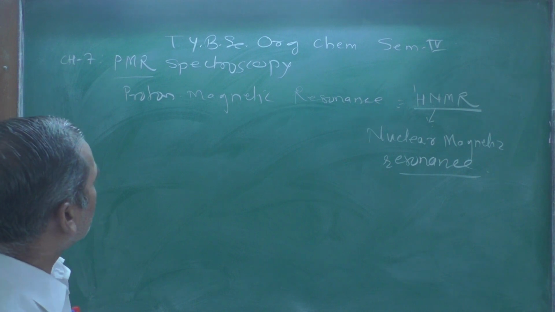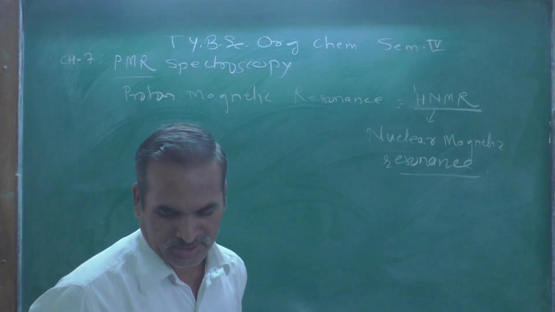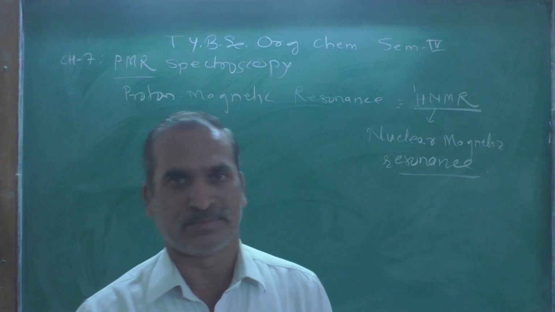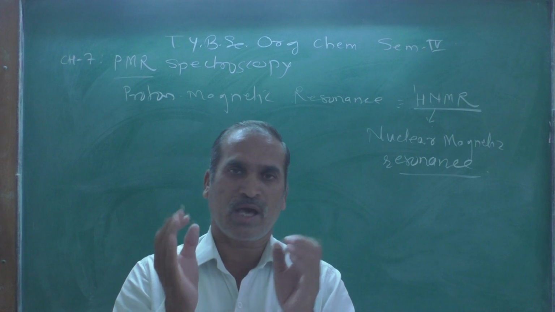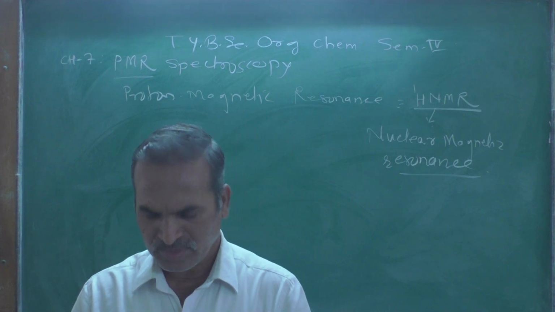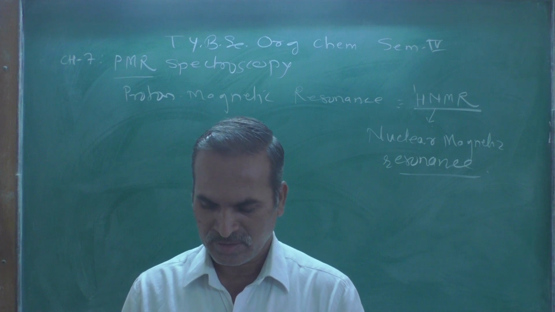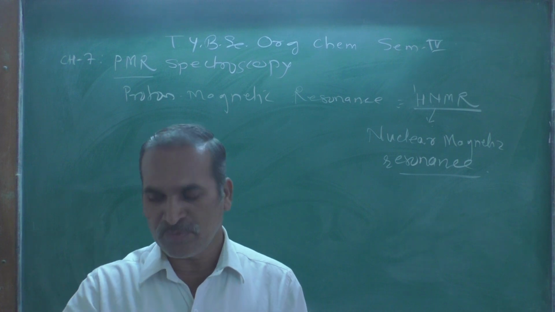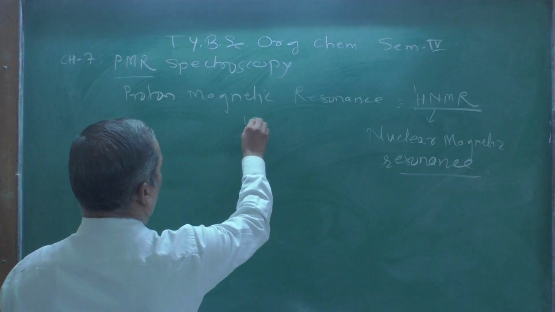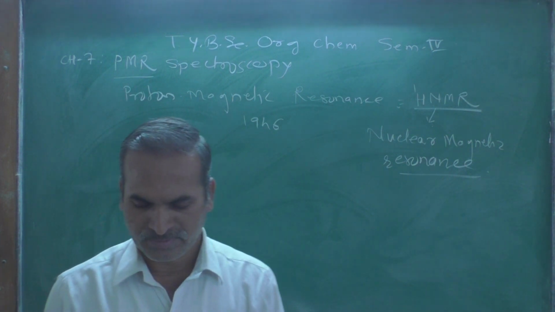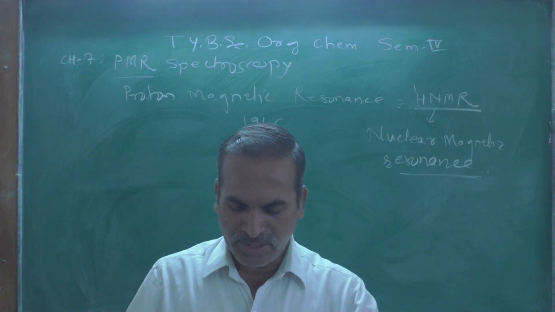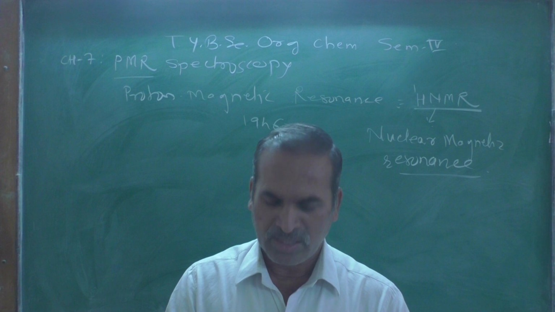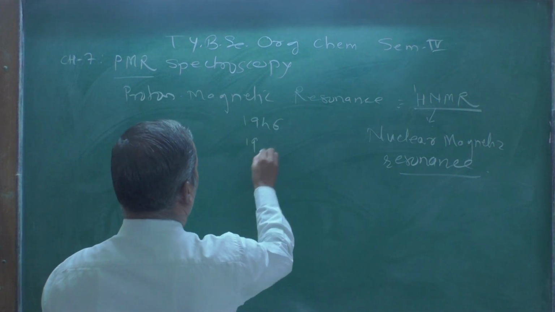Now, PMR spectroscopy, proton magnetic resonance. The phenomenon of proton magnetic resonance, PMR in short, was first observed in 1946 and it has been routinely used in organic chemistry since about 1960.